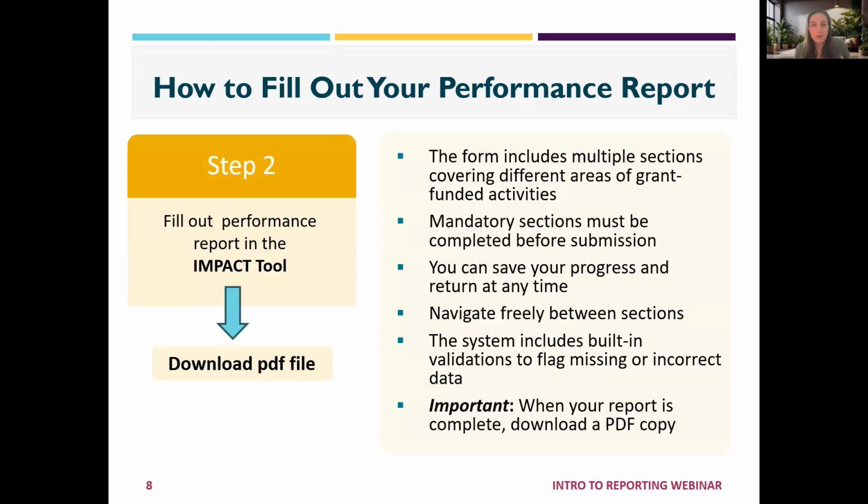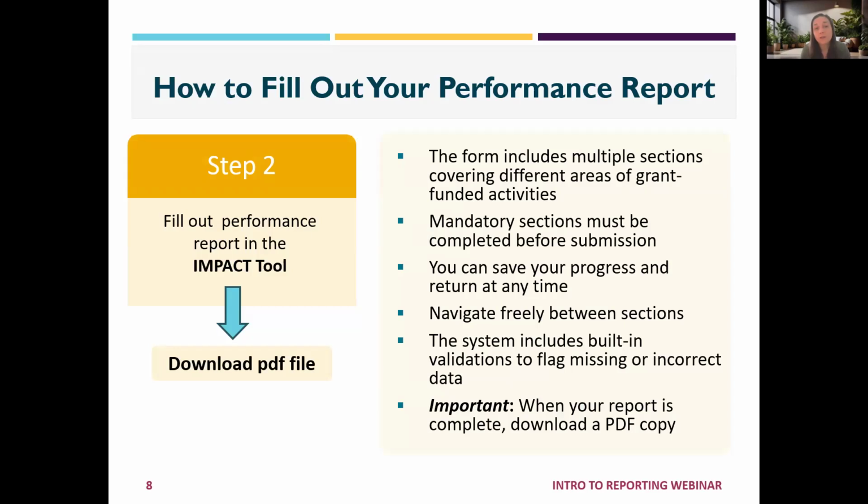So in step 2, essentially you are filling out the performance report within the impact tool. You will fill out any sections that are mandatory, such as the general information section and the narrative section. You can save your progress and return at any time and navigate between sections using a navigation pane.